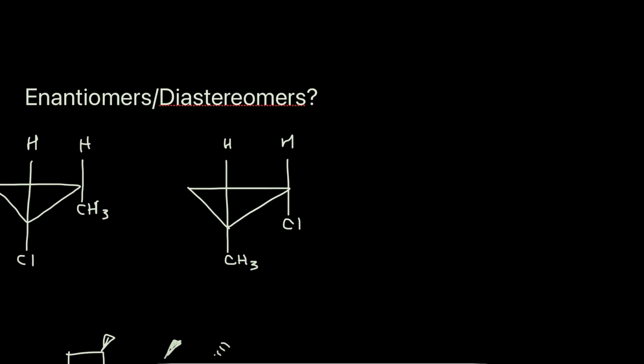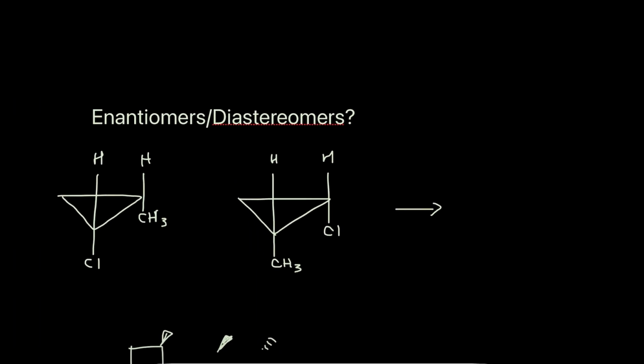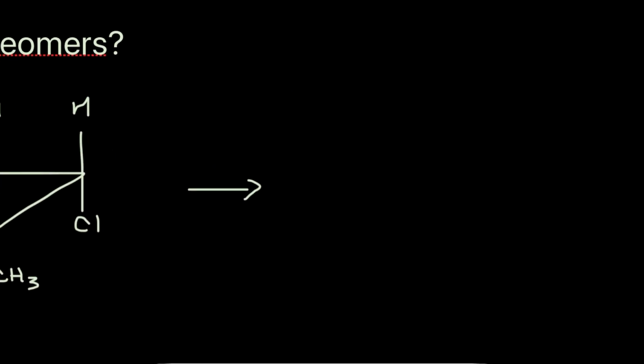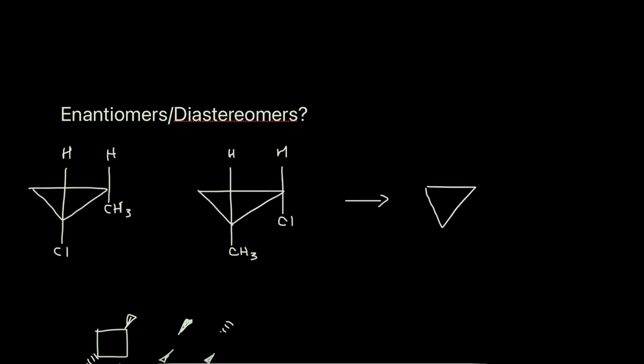Okay, let's solve this problem. The biggest peeve I have with these types of drawings is it's intended to throw you off. So I like to draw it again, but this time flatten it. And I'm just going to assign that everything that is down is going to be on a wedge because it just saves a lot of issues later on.